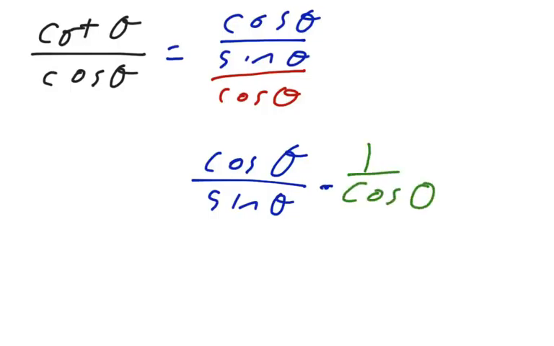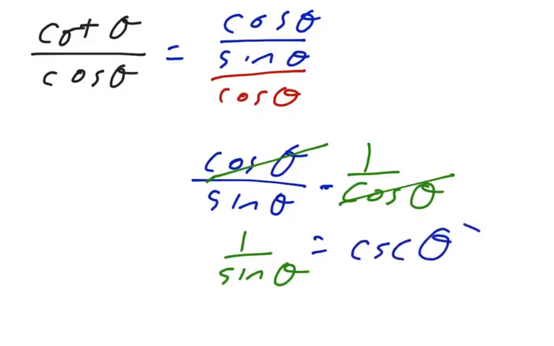And the reciprocal of cosine is 1 over cosine. The cosines cancel and we're left with 1 over sine. Well, we're not looking for 1 over sine. We want to change that. So to flip the 1 over sine back over, we wind up with cosecant.